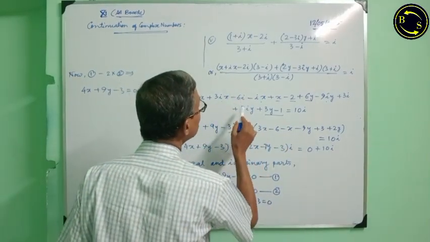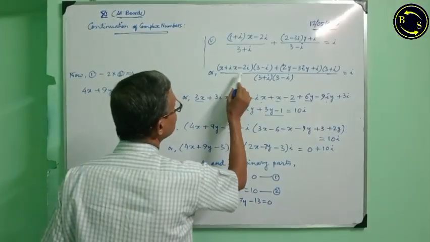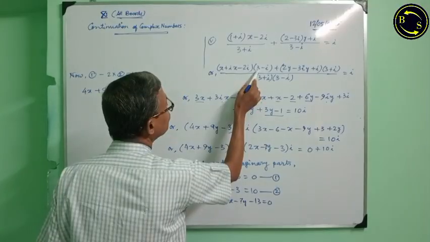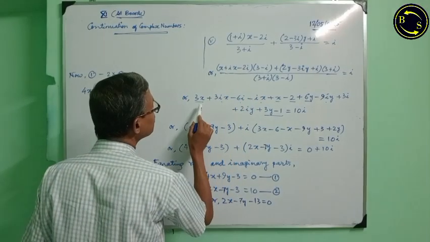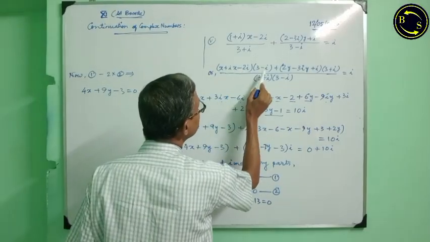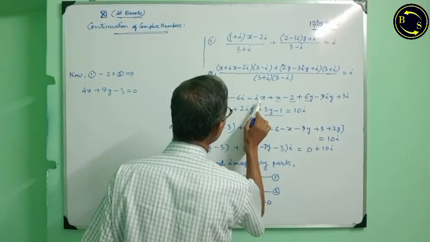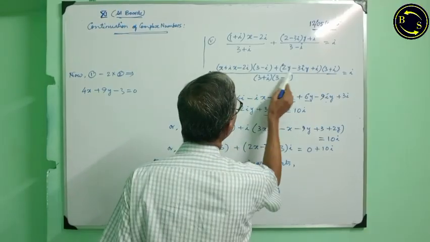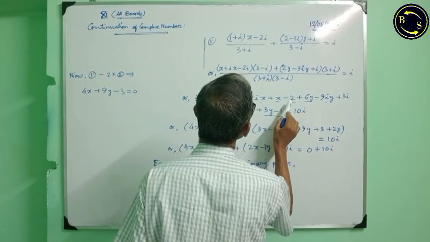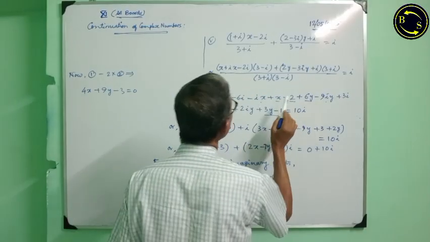Just multiply it using distributive law. Now from this step I have simplified this expression, just applied distributive law of multiplication. 3 is multiplied with this expression first, 3x plus 3ix minus 6i, then this expression is multiplied by minus i, we get minus ix minus i square x means plus x minus 2i square means minus 2.